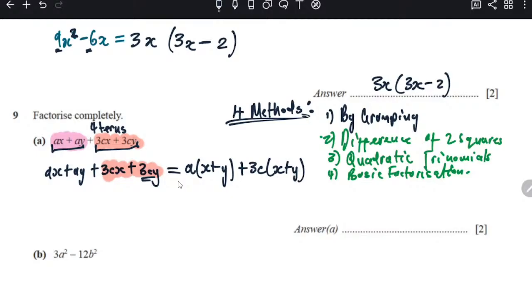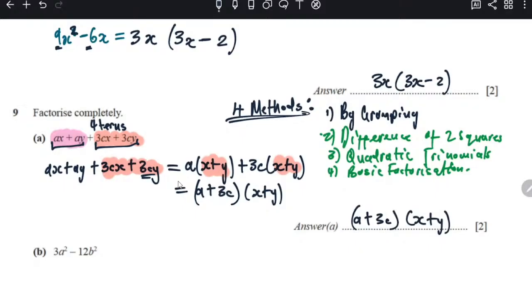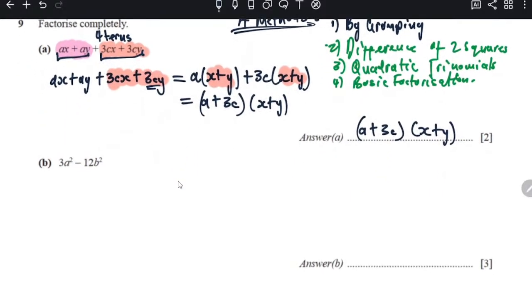Now since this is x plus y and x plus y, we start with the things that are outside. You say a plus 3c, then next you say x plus y. So it's going to be a plus 3c multiplying x plus y. Are we together? Factorization by grouping.